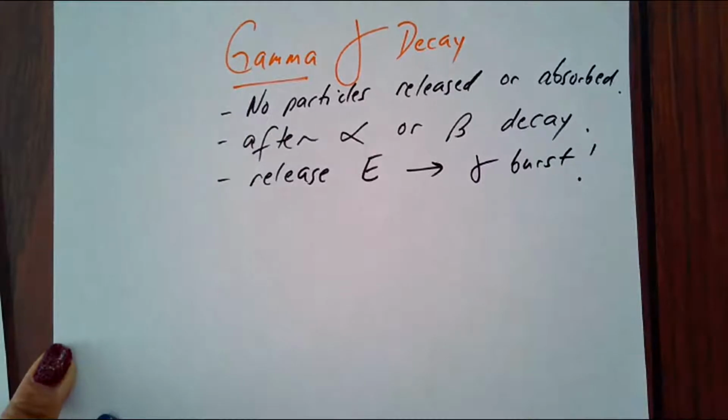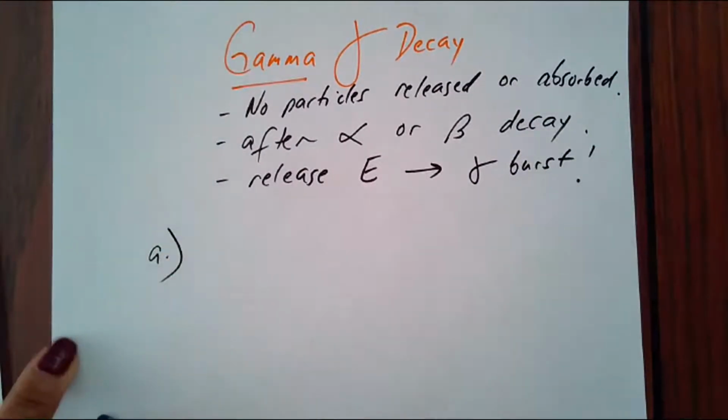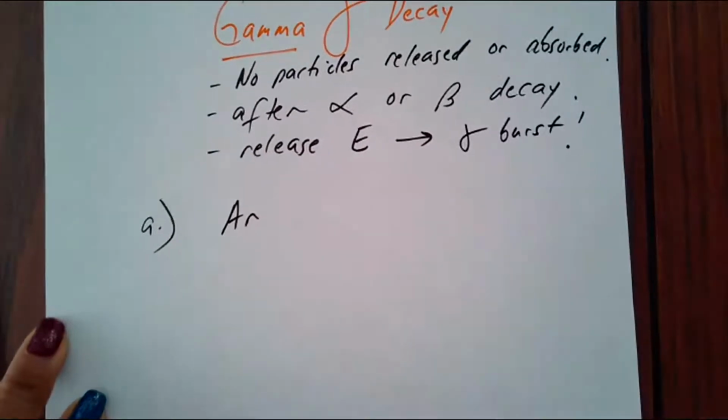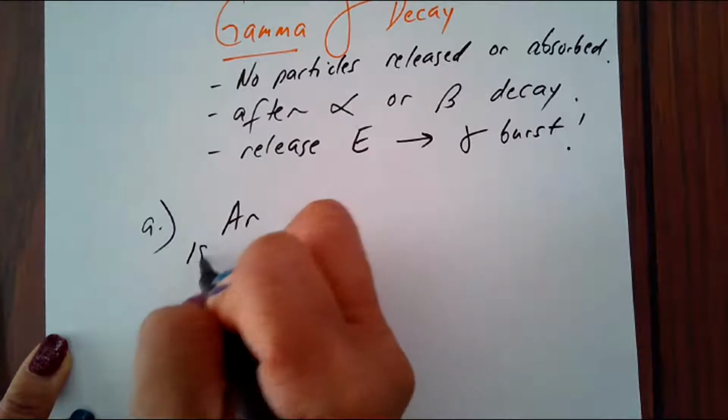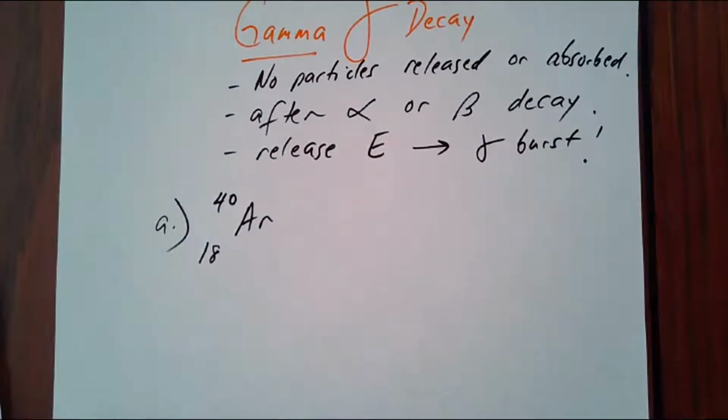So very powerful. Let's take a look at an example of a gamma decay. Let's use argon, an inert noble gas, 18 and 40. Argon is a gas that is used in double pane or triple pane windows, whatever number of layers of windows you have.